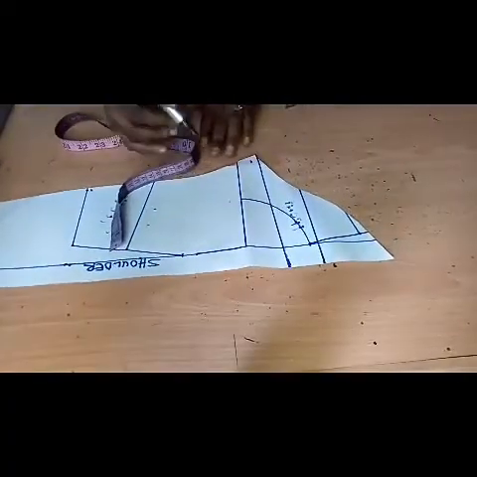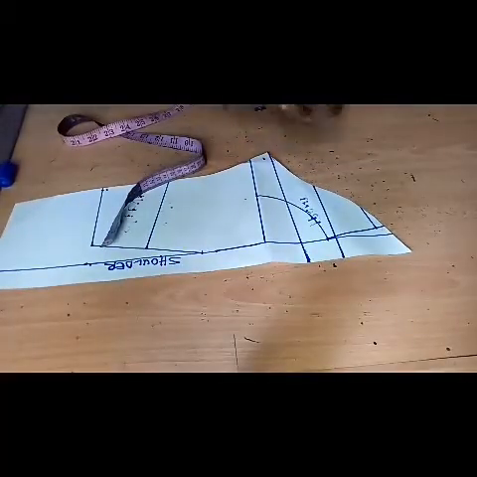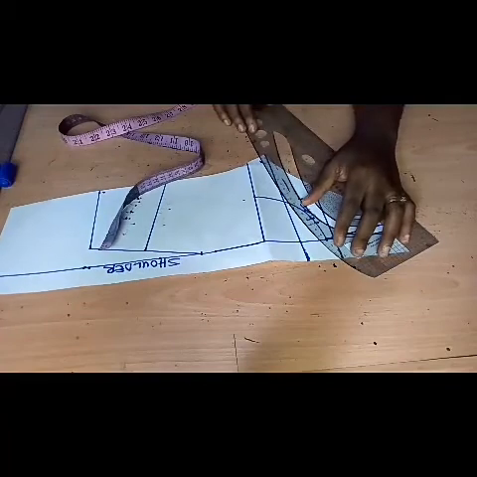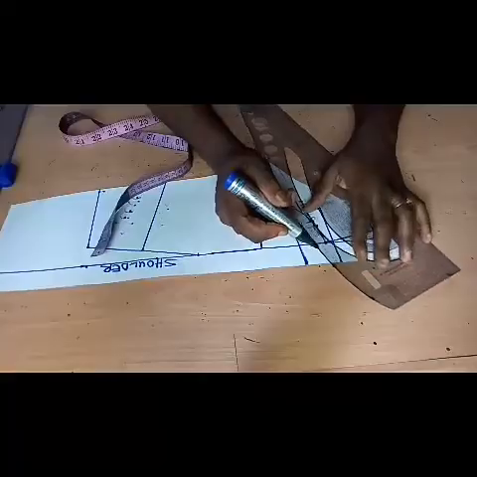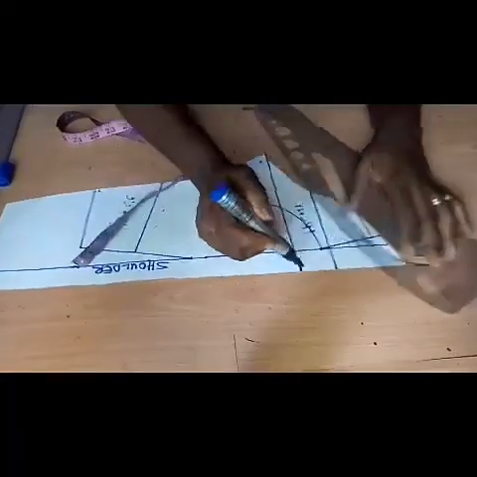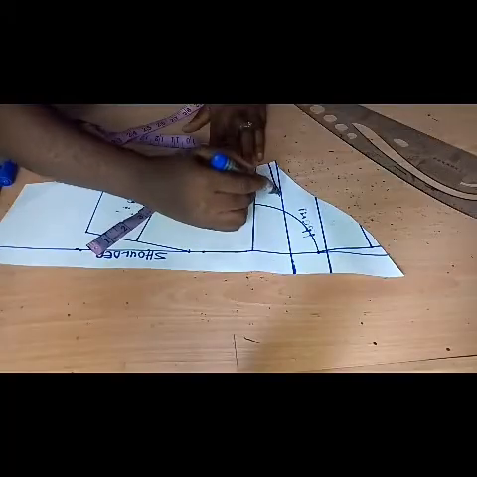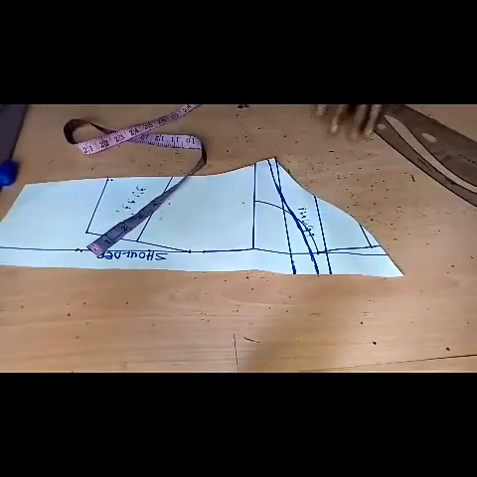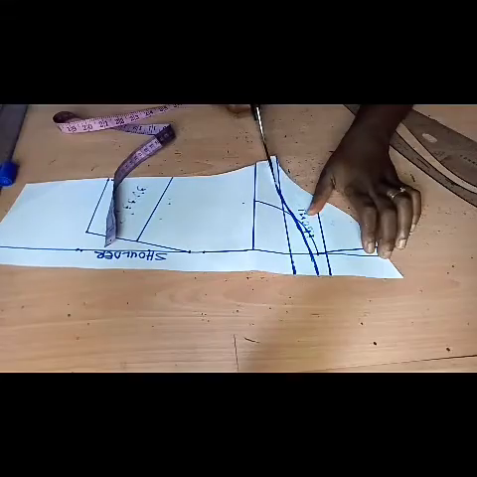Turning it this way, I'm going to quickly place my ruler in this manner. Okay, let me just freehand it. So this is what I would do, something like this. Then I'm going to cut off this part. Remember we came down by 0.5.